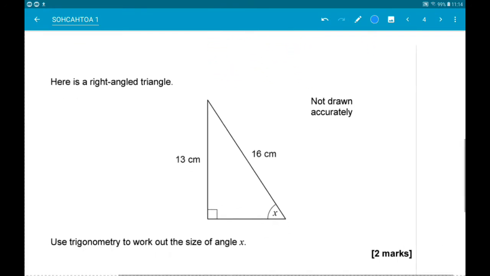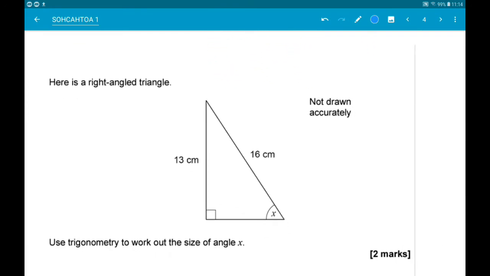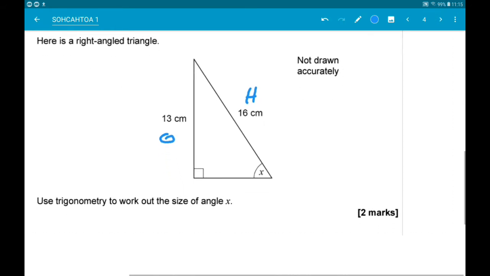Next up, here is a right-angled triangle. Use trigonometry to work out the size of angle x. Okay, again, work out which sides we have. So this time we have opposite and hypotenuse. So, is it SOH? Yes. So, SOH tells us sin x is opposite over hypotenuse.